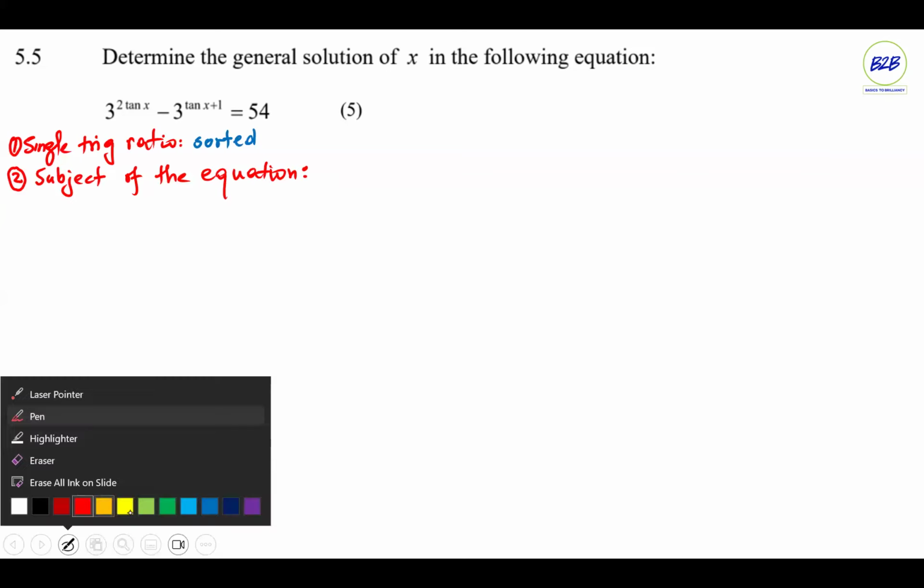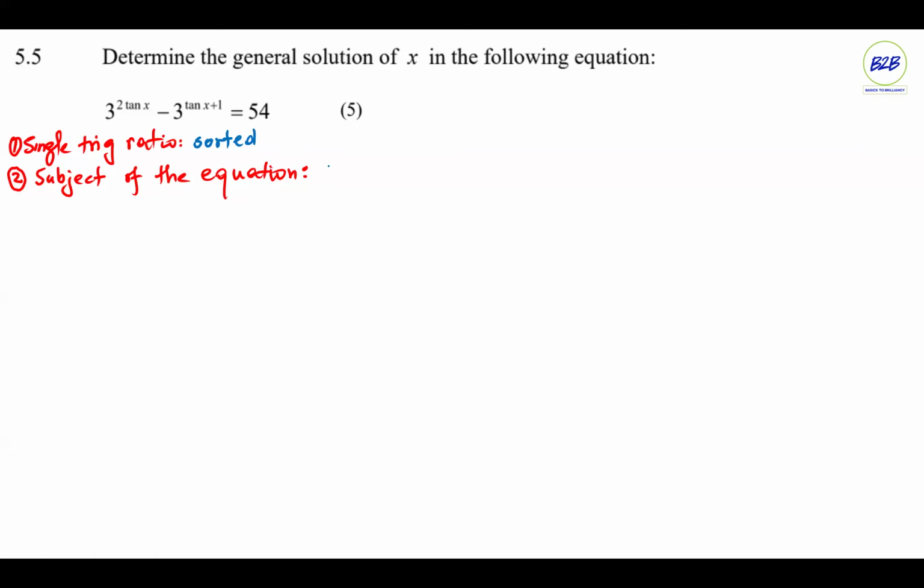Again, how are we going to achieve that? Since our trig ratio is an exponent, we will include laws of exponents, right? And one of those laws is a law that we have just briefly discussed previously. We said a to the power x plus y can be distributed into a to the power x times a to the power y.